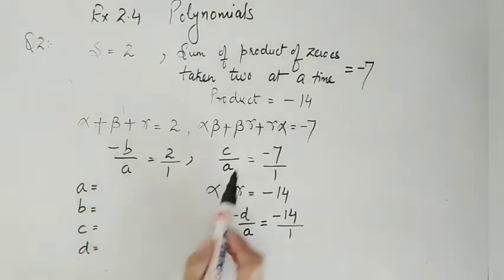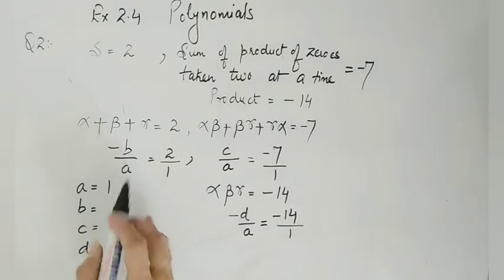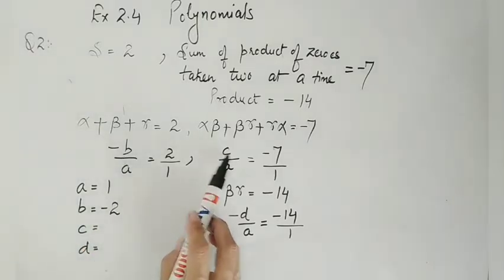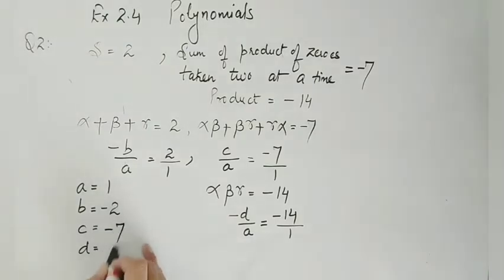Tell me, what is a? It's 1. B is -2. C is -7. And D is 14.